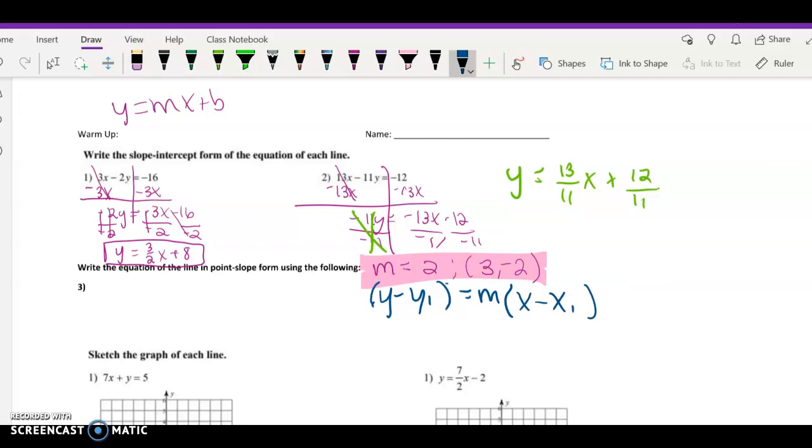So we just plug that in. So our y1 is negative 2, so we have y minus negative 2, and that turns to plus 2, because minus and negative is plus, equals m, which is 2, times x minus our x1, which is 3.